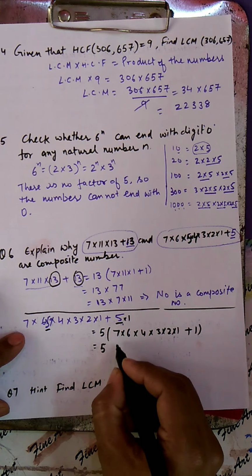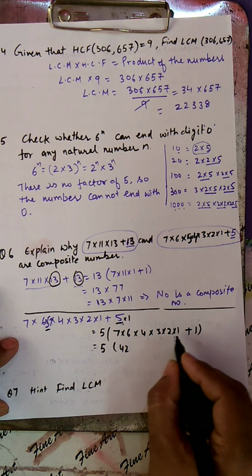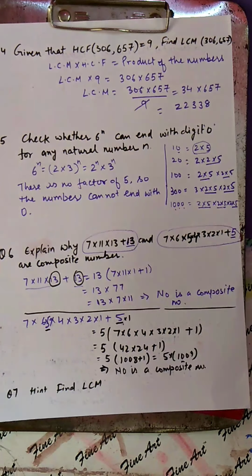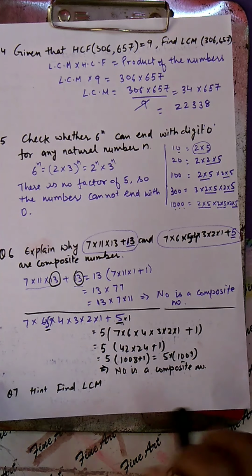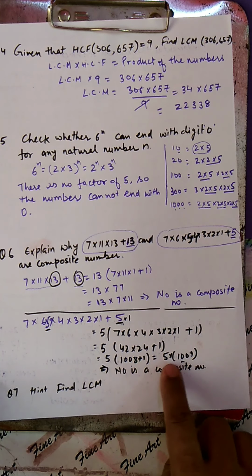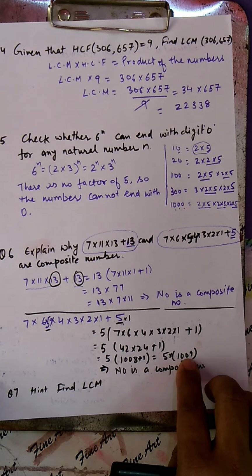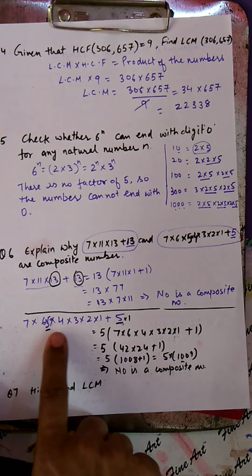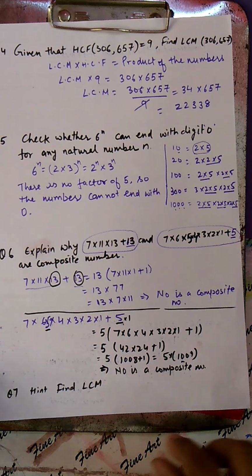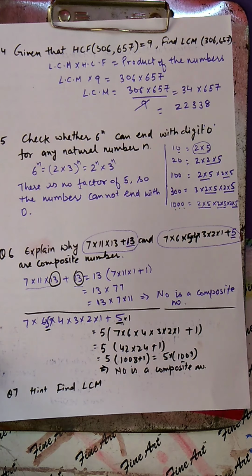So this is 5 into, 7 into 6 is 42, 4 into 3 is 12, 12 into 2 is 24, 24 plus 1. Now you can do the multiplication. 42 into 24 is 1008, plus 1, so 5 into 1009. You can see 1009 is a prime number, 5 is a prime number. So the given number is now written as a product of two primes. This is the reason why we can say that the given number is a composite number.